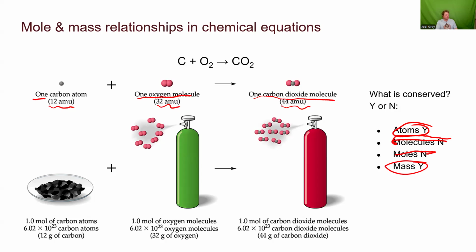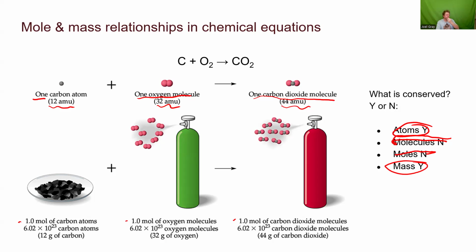Now, just as we have that ratio, we could phrase this slightly differently. 1 mole of carbon atoms reacts with 1 mole of oxygen molecules to produce 1 mole of carbon dioxide molecules. That's true. So when you think about it at the atomic level, one atom reacts with one molecule to produce one molecule.